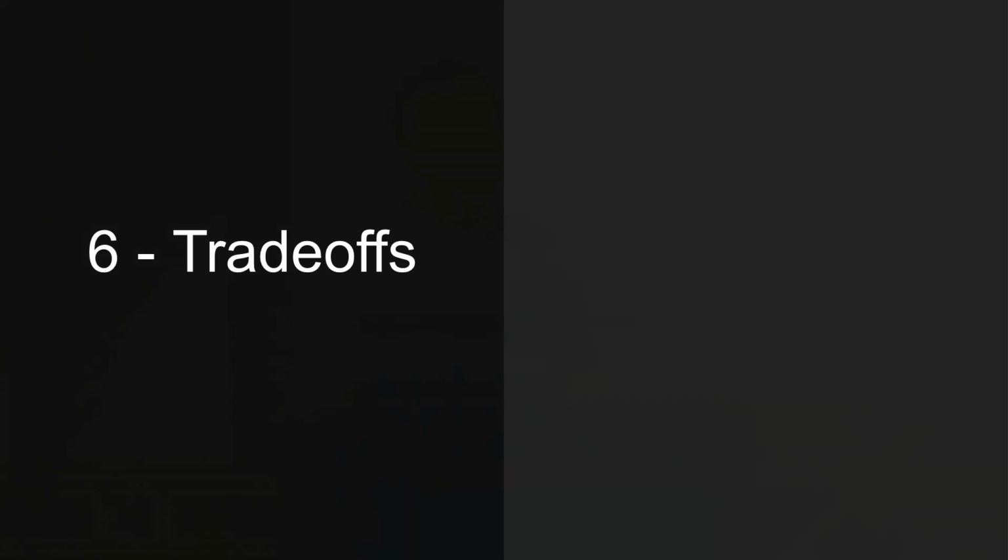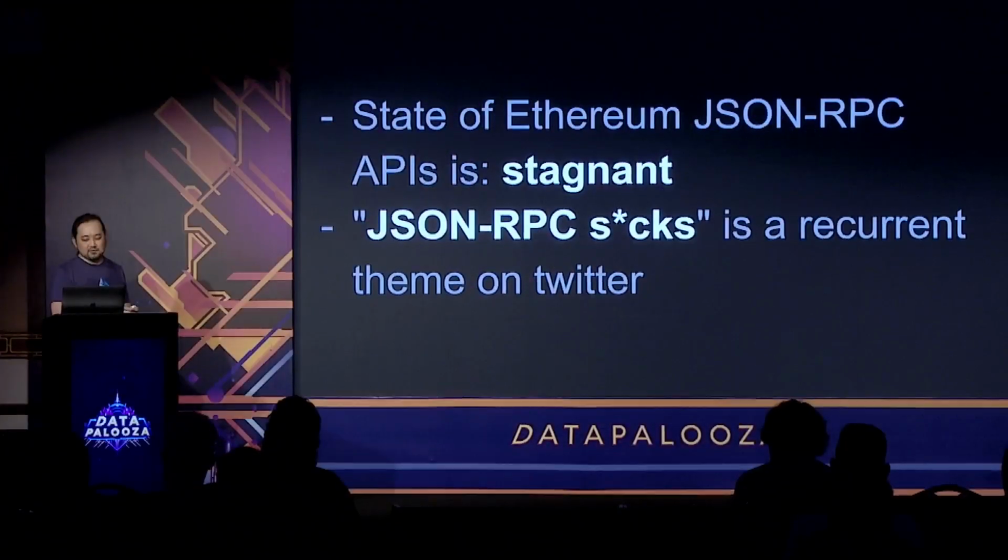But of course, we had some trade-offs that we are aware of. The first one, the most obvious, is the client lock-in, more specifically with Aragon. But I don't think this is necessarily an issue for us. Why? Well, first of all, I think that anyone who came in contact with the standard JSON APIs before knows that the current state of the APIs is that they are quite stagnant. There's no one actively working towards evolving them.